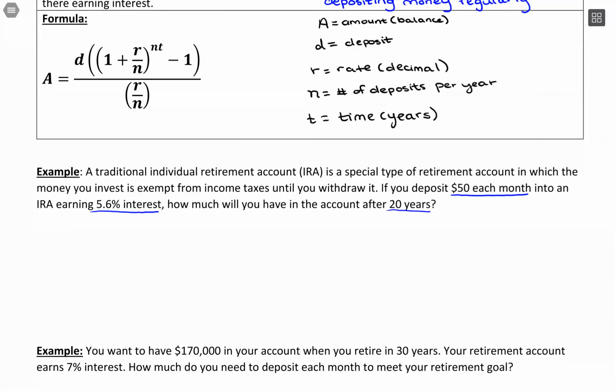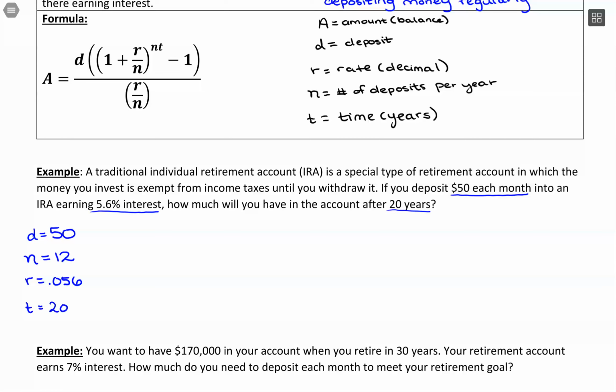For our variables, $50 each month is D. If we're depositing monthly, that determines N, so it'll be 12. We have our rate of 5.6%, which is 0.056. And after 20 years gives us T, which is 20.